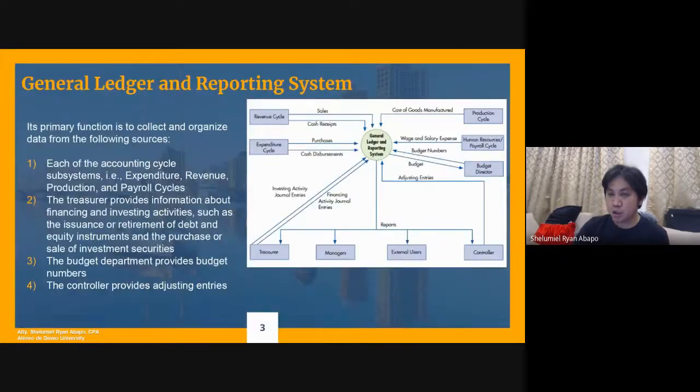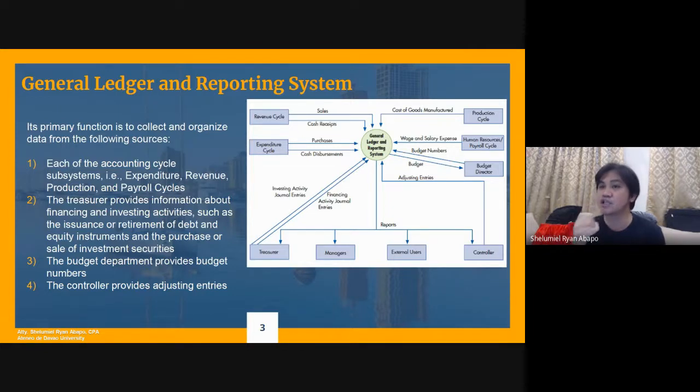The general ledger and reporting system plays a central role in a company's accounting information system. Its primary function is to collect and organize data from the following sources. The first group of sources would be the transaction cycles or the subsystems that we have discussed in the previous chapters.